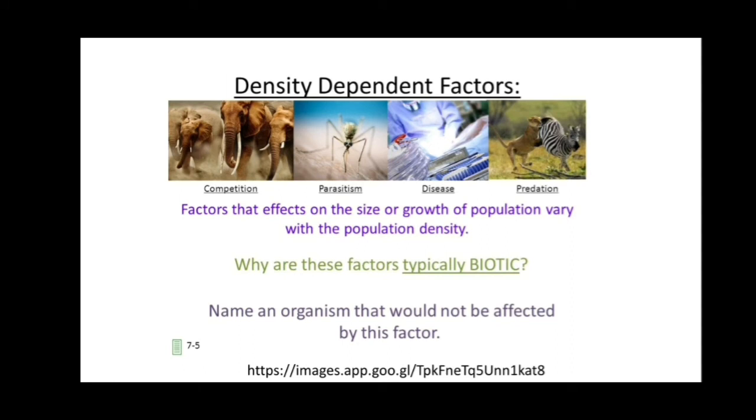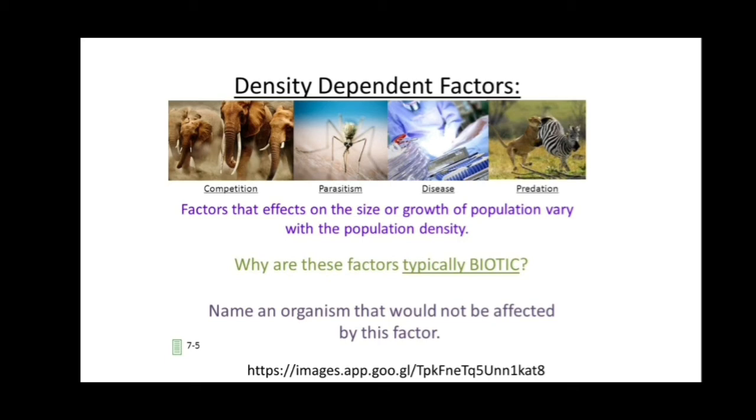Now, the density dependent factors are competition, parasitism, disease, and predation. The factors that affect the size and growth of a population vary with population density.